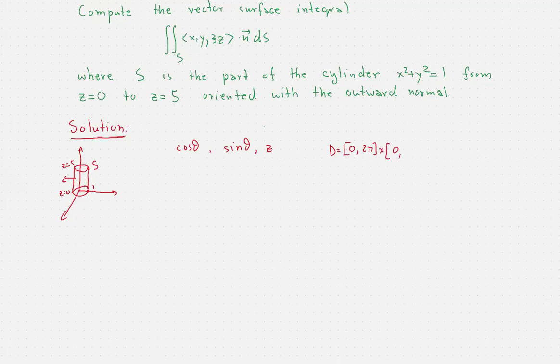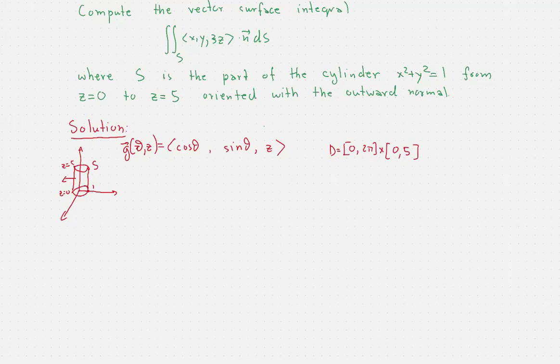And so if I put this together into a vector that I conveniently denote by g of theta comma z, which is unusual. Usually I take other letters like u and v for the parameterization, but here I just want to really suggest that what we're doing has to do with the cylindrical coordinates.